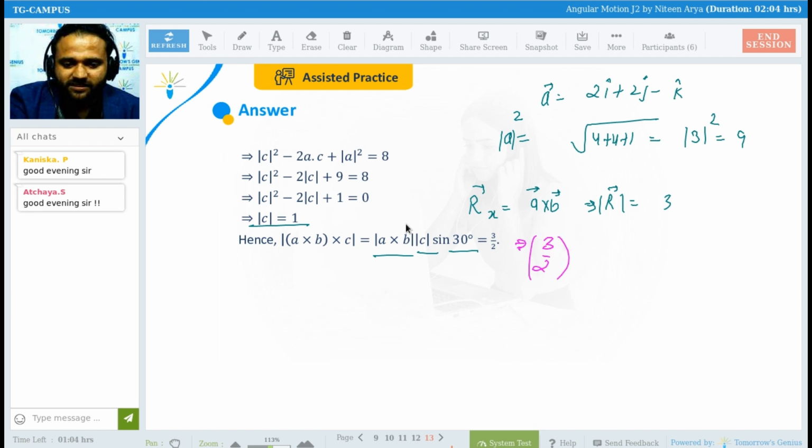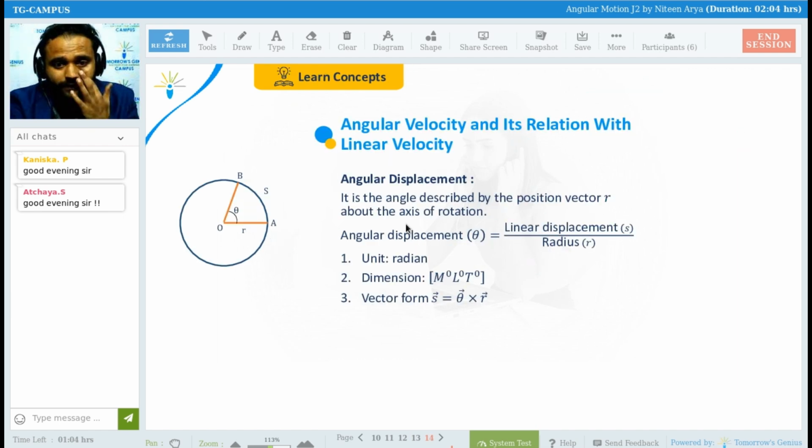The next thing is angular velocity and its relation with linear velocity. I know I have taught this many times in between the class, I think in the last class also. So let's do this quickly. What is angular displacement?